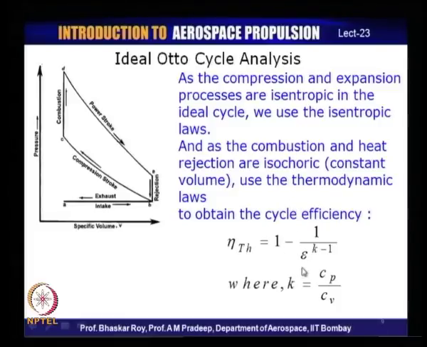It can be written down in terms of the compression ratio or the volume ratio and the specific heat ratio of the working medium that we are using, in our case that is air. If we have just these two values available with us, that is the compression ratio and the specific heat ratio of the working medium, we can quickly find out what the cycle efficiency would be.